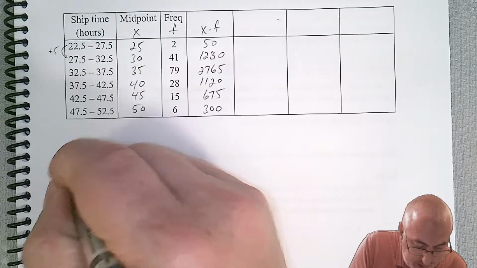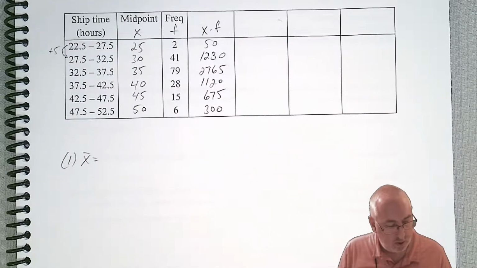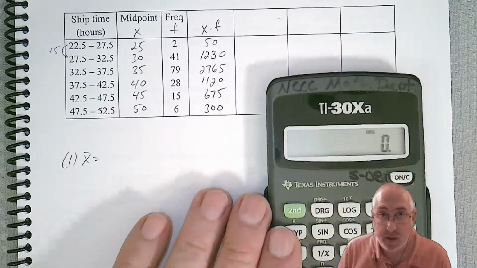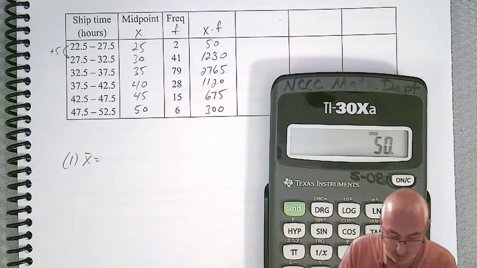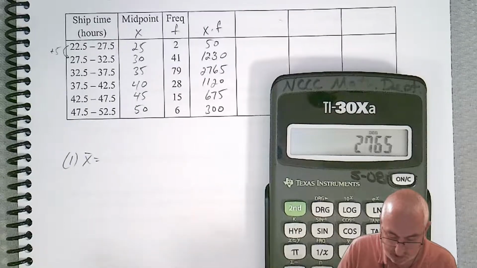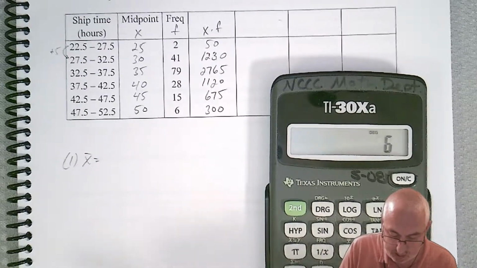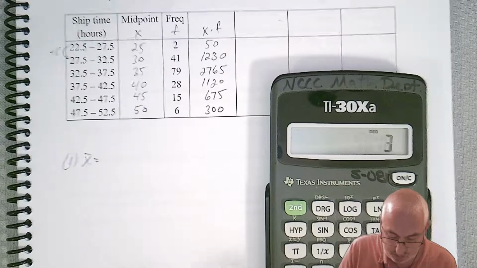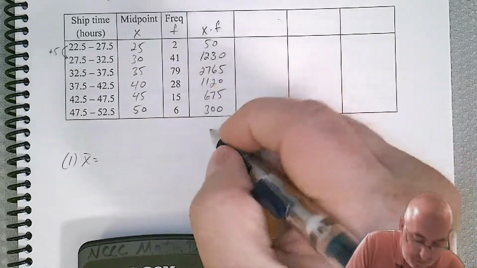Again, we're starting with step 1, getting that mean. So we have to add up all those products. So 50 plus 1230 plus 2765 plus 1120 plus 675 plus 300 equals 6140.